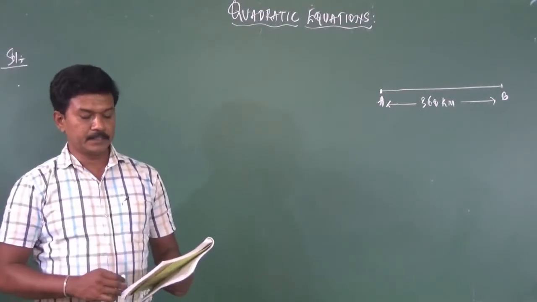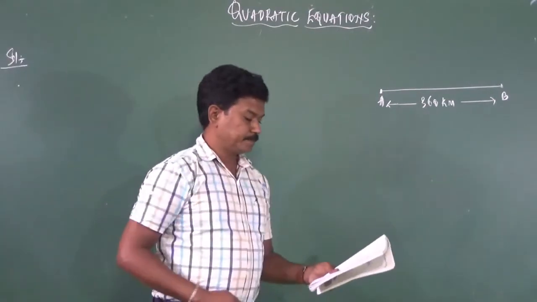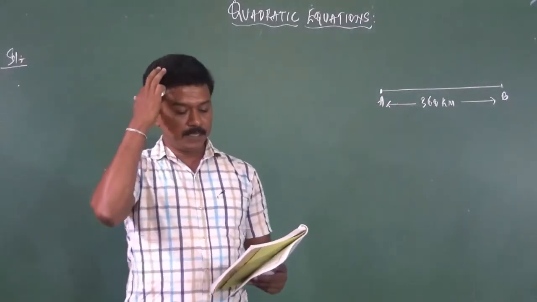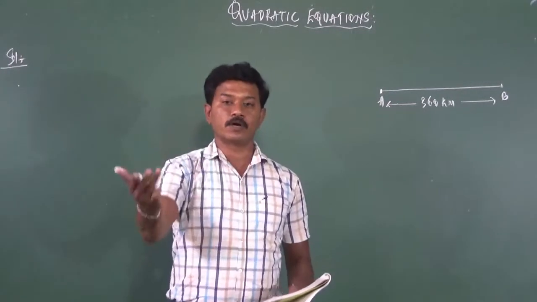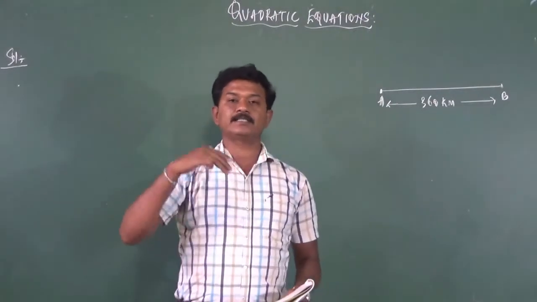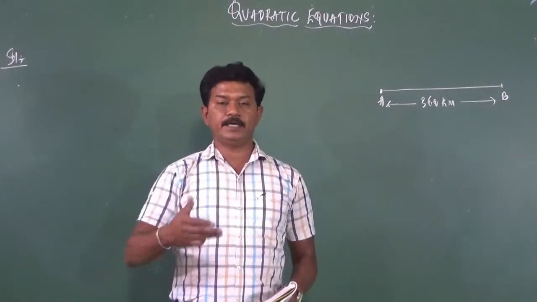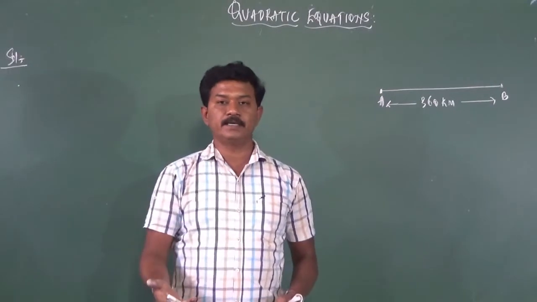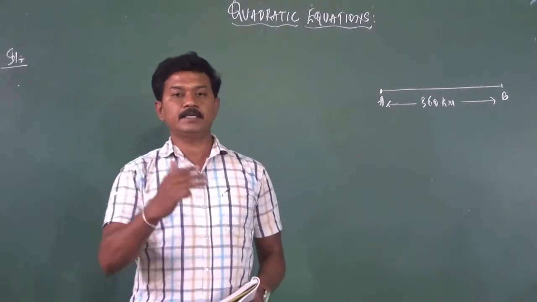Done. Distance is given. Now, the train is traveling from A to B at some usual speed. Every day it is traveling at some usual speed. So let that speed be x km per hour.